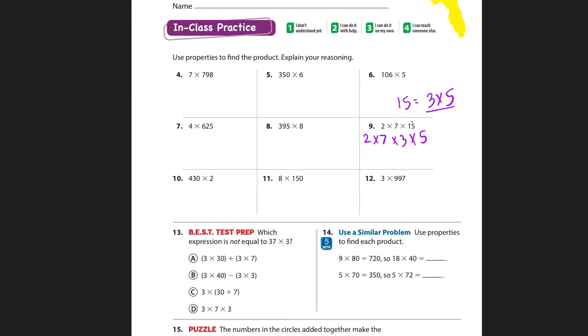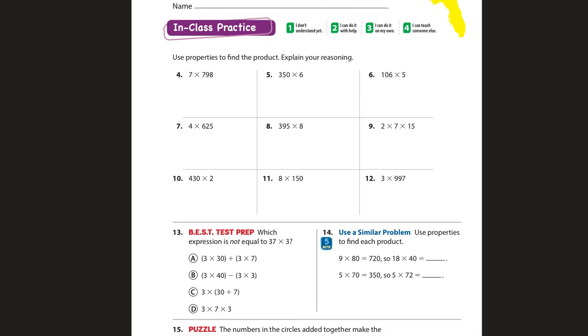So I can have all those numbers there. And then I can try to solve a few at a time or one at a time. 2 times 7 is 14 times 3 is, let's pretend it's 30. It's not. And then I do times 5. I could solve that way. And maybe you'll even come up with another way to solve this problem and still get the same answer. Whatever you choose is up to you.